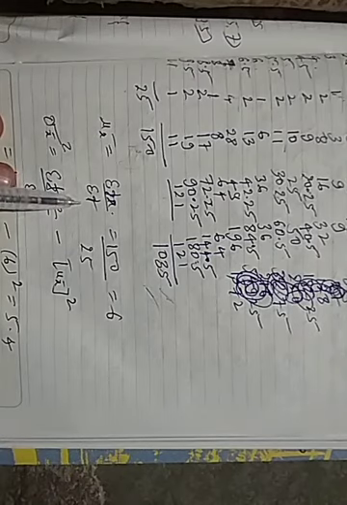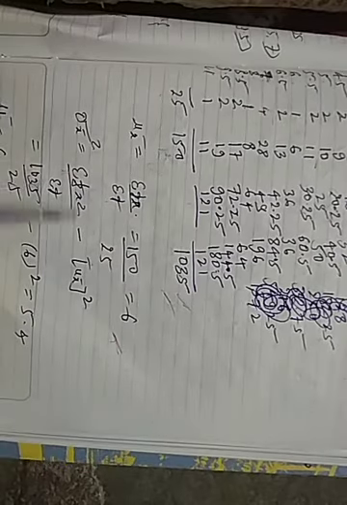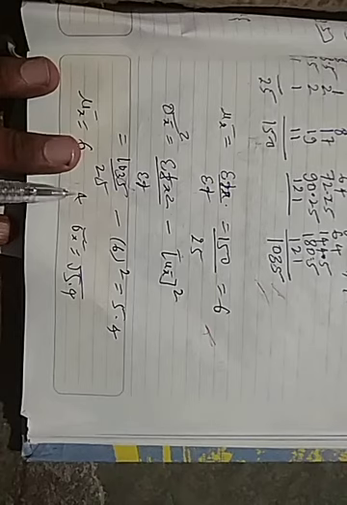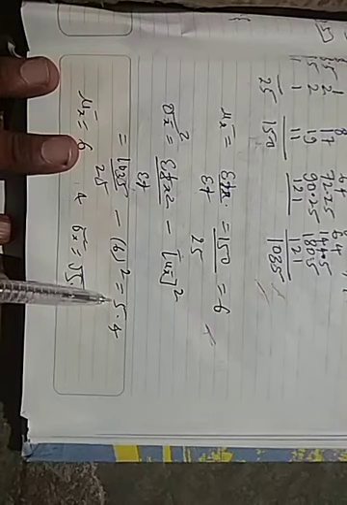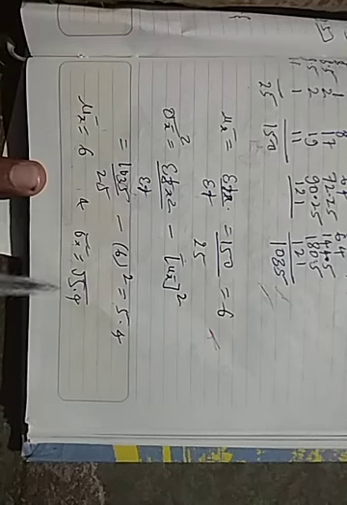Mu x bar is summation of f x divided by summation of f, that is 150 divided by 25, value is 6. Sigma x whole square is summation of f x square divided by summation of f minus mu x whole square, that is 1025 divided by 25 minus 6 whole square, which is equal to 5.4. Sigma x is root 5.4.